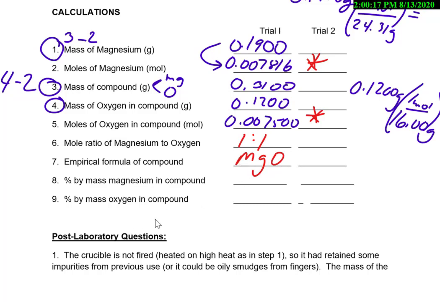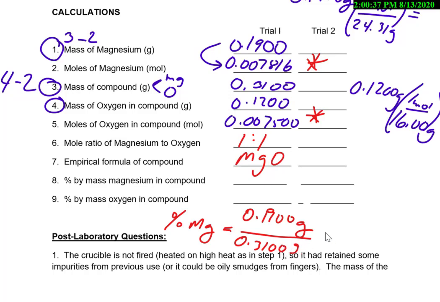And then for percent by mass, if we focus on magnesium first, we're going to go see what the mass of magnesium is, which in this compound it was 0.1900 over the full compound, which was 0.3100, and then multiply by 100.